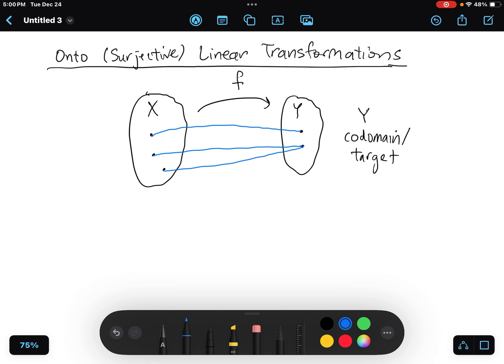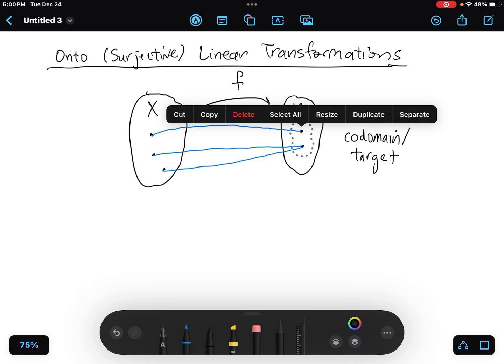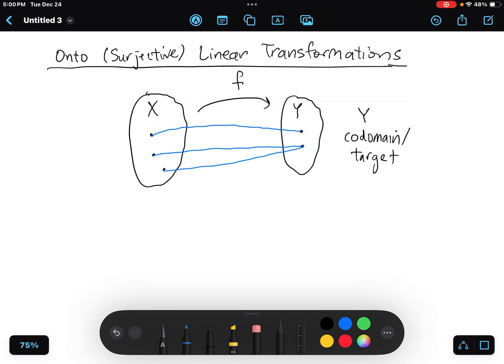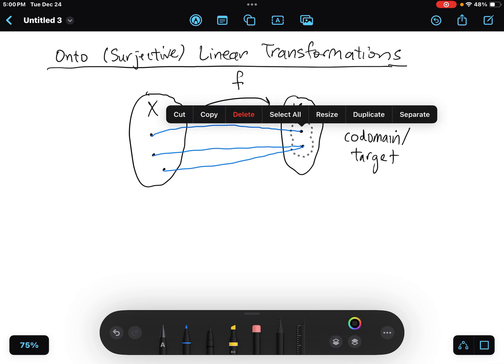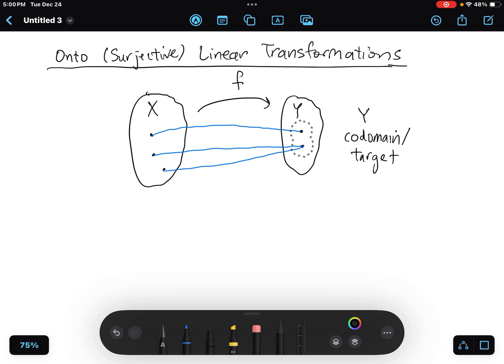Well, what's the range or image of this function? It consists of those 2 points, right? Those 2 points are the output of the function, and it's the same as the codomain.